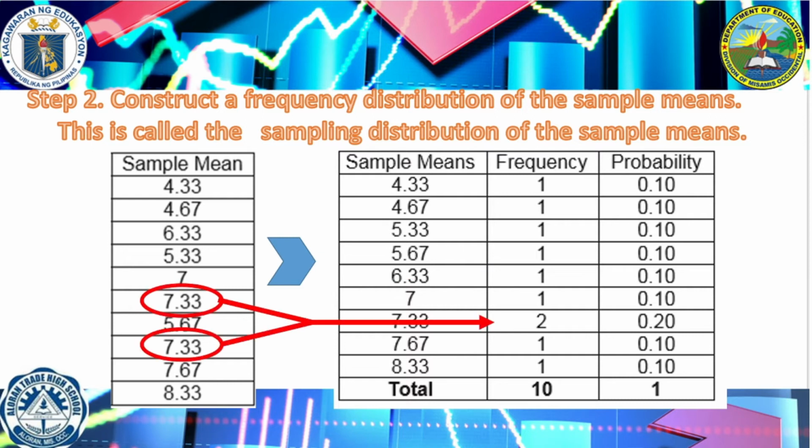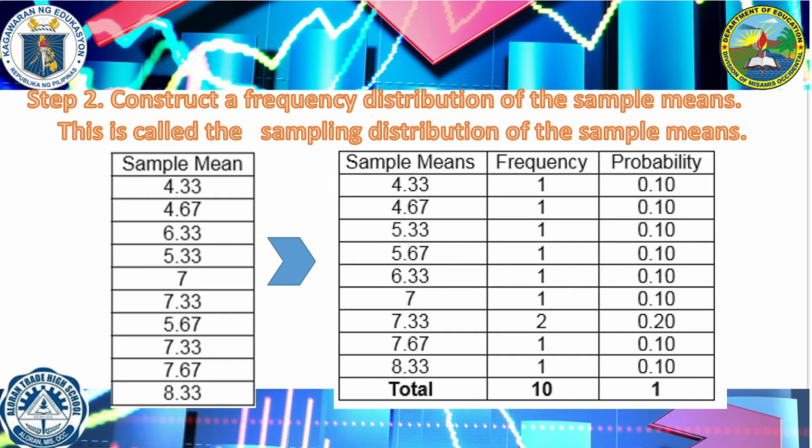Each of these has one frequency, but 7.33, there are two 7.33 in our sample mean. So we put 2 in our frequency, then followed by 7.67, which is 1, and 8.33, which appears only once, so our frequency is 1.